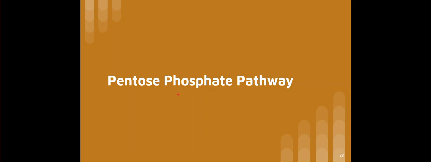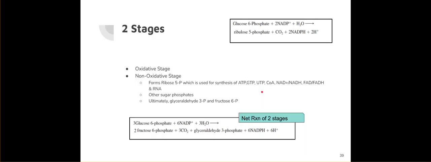Okay, and then finally we have this pentose phosphate pathway that we mentioned at the beginning. So this happens in two stages. There's an oxidative stage and there's a non-oxidative stage. And in this non-oxidative stage, it's going to form a ribose 5-phosphate, which will get used in the synthesis of ATP, GTP, UTP.